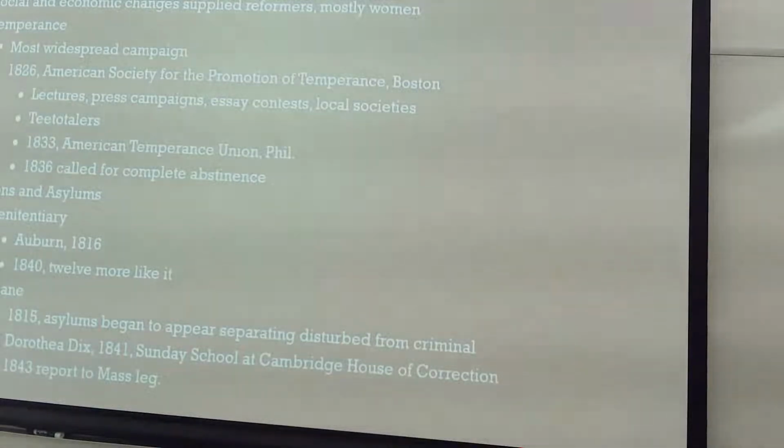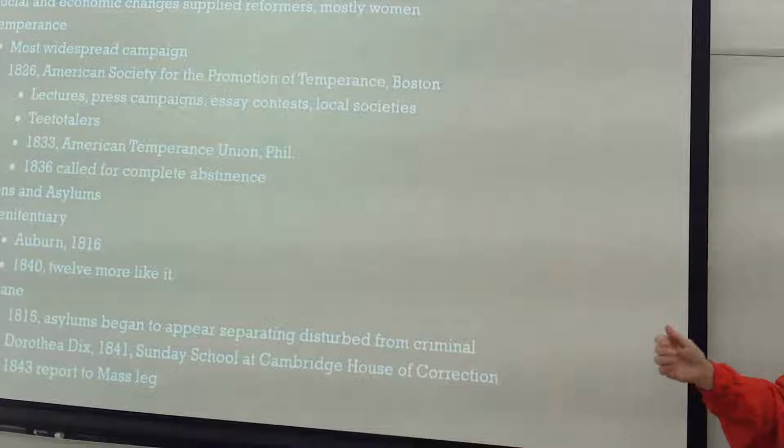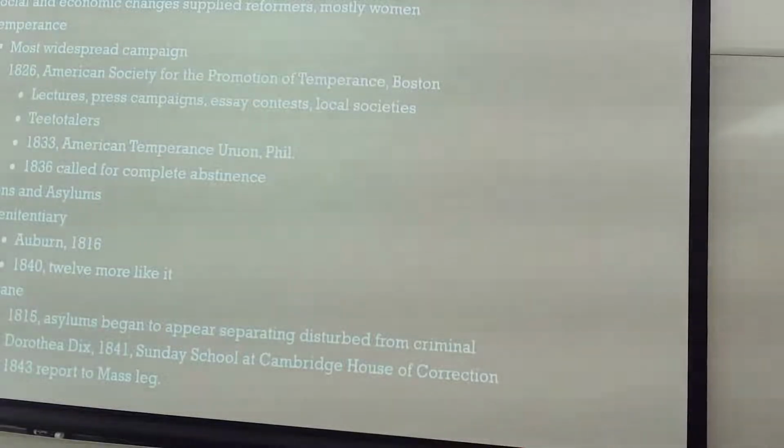One, you have Romanticism, which stresses the good of humanity. It stresses individuality. And it stresses that good humans will do good things. And it is your duty to improve your society.